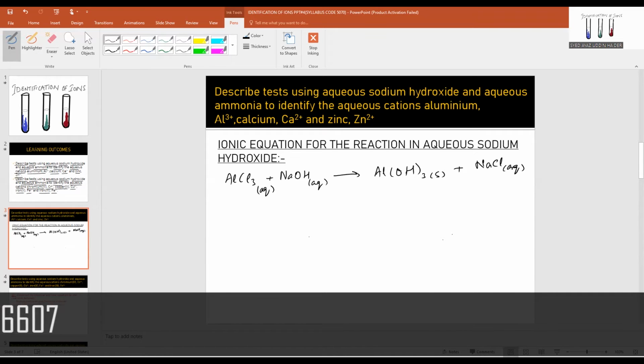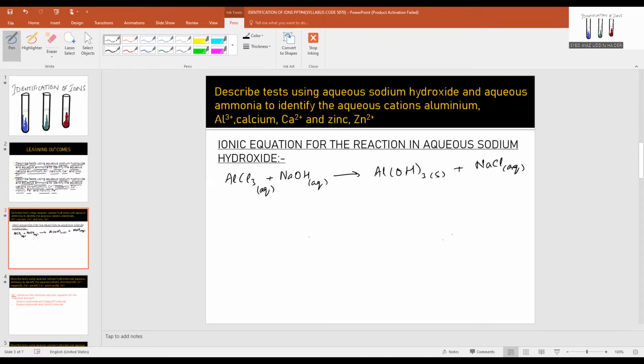The best way to do this is to make a column like this. You can make a column on the right side for reactants and products. On the reactant and product sides, we have the same elements. We have Al, Cl, Na, O, and H. Put a line like this.